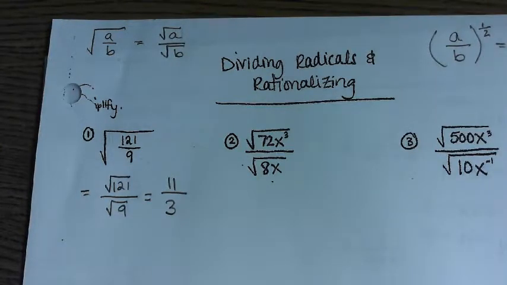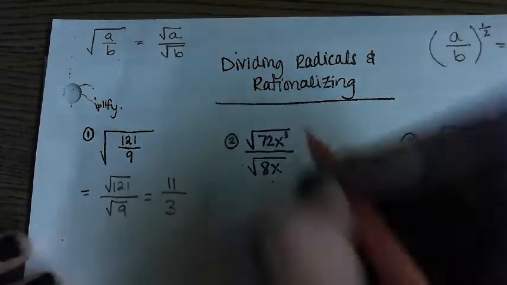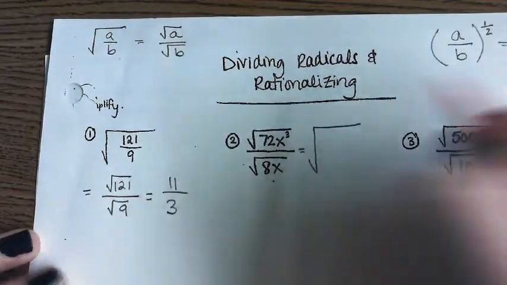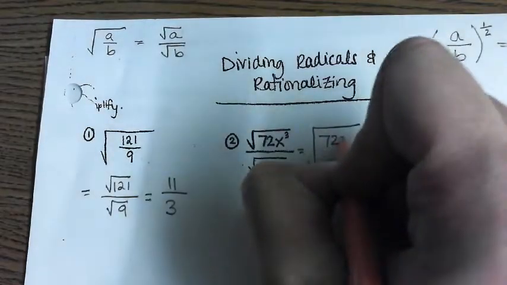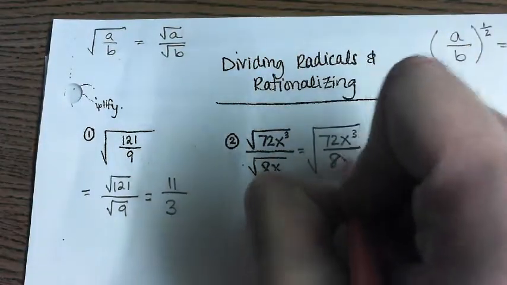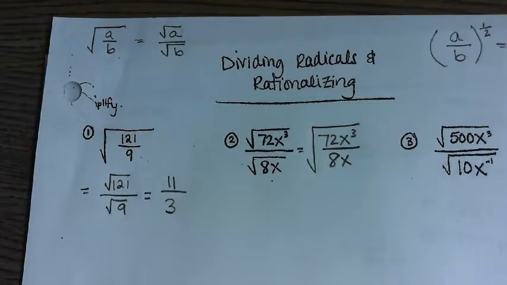Number 2 is already separated. But do you know the square root of 72x cubed? No. Do you know the square root of 8x? No. You could break those down, but watch what happens if, instead of having two separate radicals, I just write a single fraction underneath. What does your instinct tell you? Oh, shoot, I should now do this.